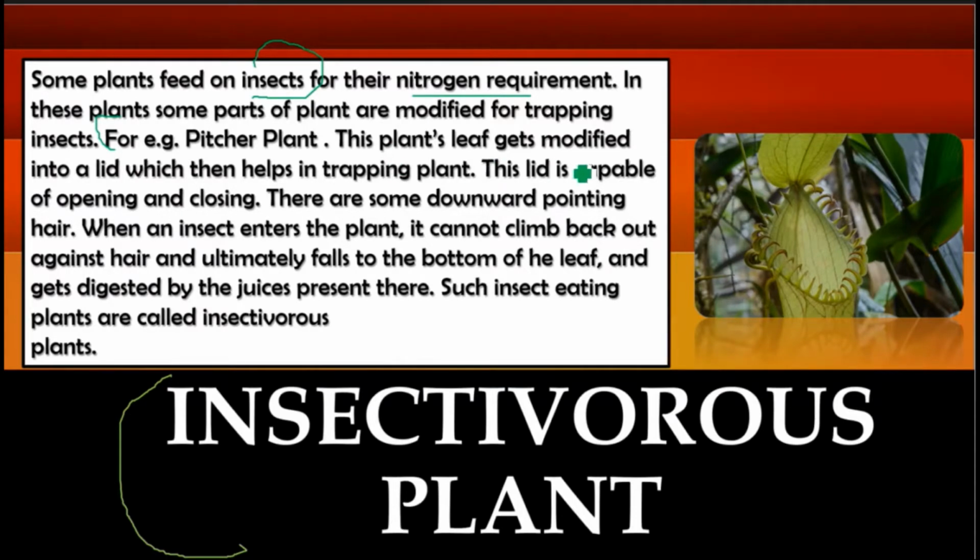This plant's leaves get modified into a lid which then helps in trapping an insect. This lid is capable of opening and closing. So this lid, as you can see, actually is a leaf which is modified into a lid, and it is capable of opening and closing for trapping the insect.